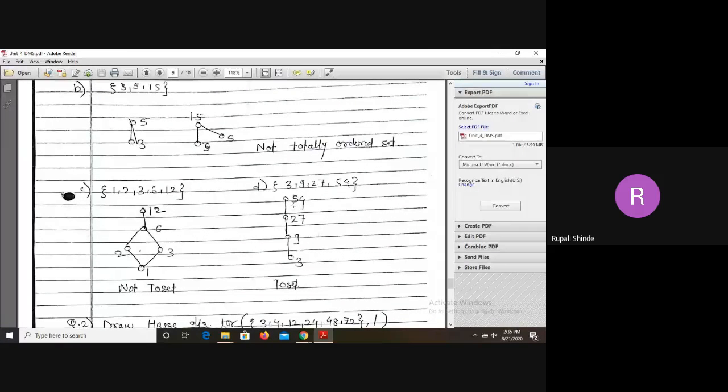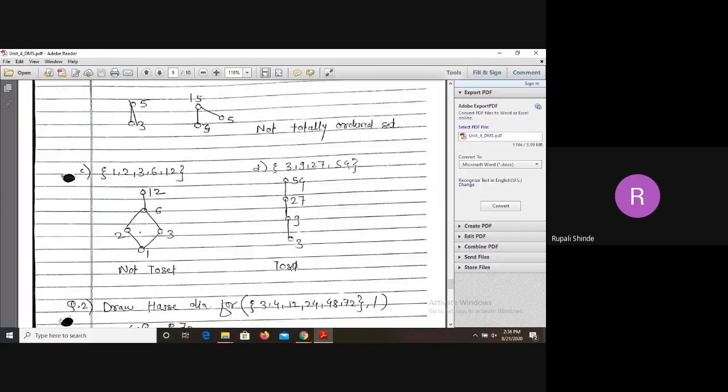And the last one consists of 4 elements: 3, 9, 27 and 54. Again 3 divides 9, 9 divides 27 and 27 divides 54. So it forms a chain of elements. That's why this is a toset. Have you understood what is the meaning of toset?